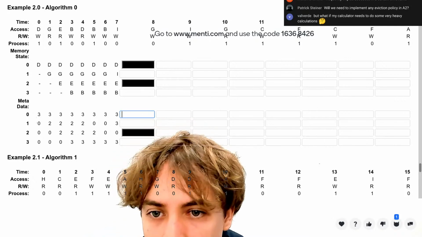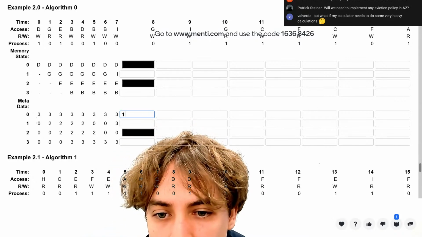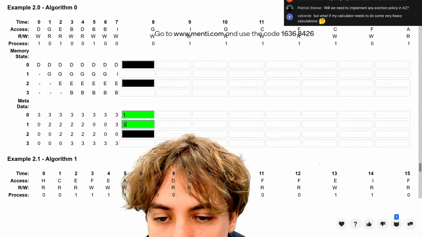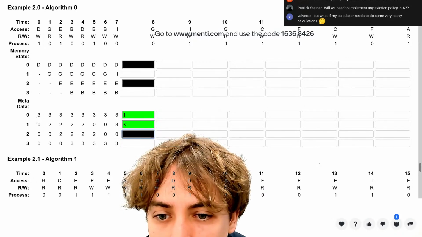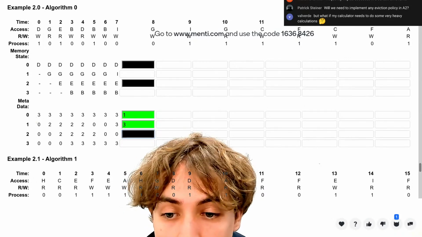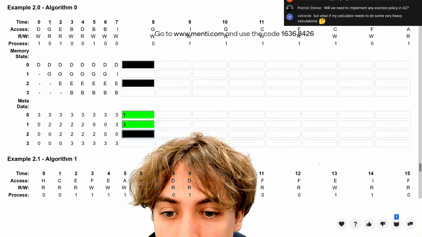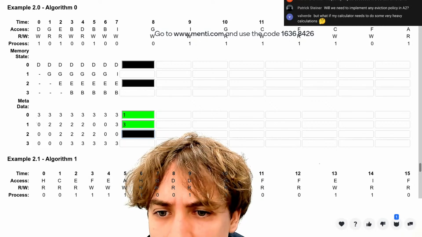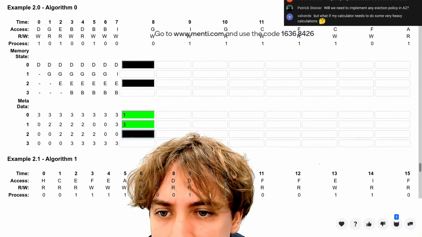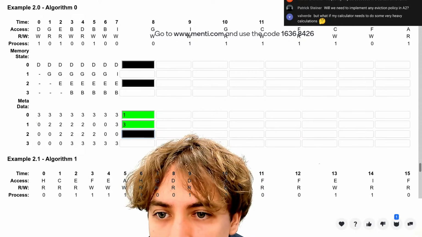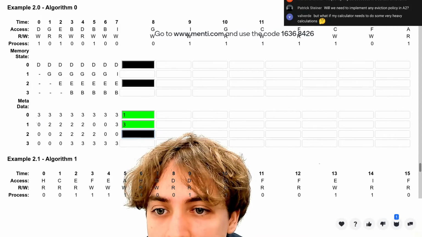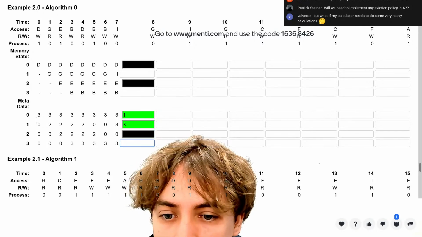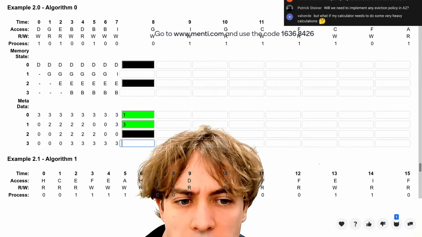So what happens? D actually becomes a 1. This one stays a 3. This one will be updated with the new information here. Then we have this access to page D. This is an access to page B, and this should still stay in category 3, I think.